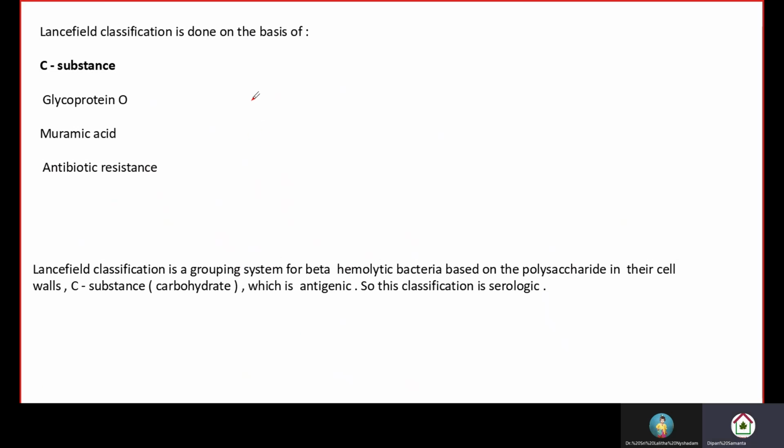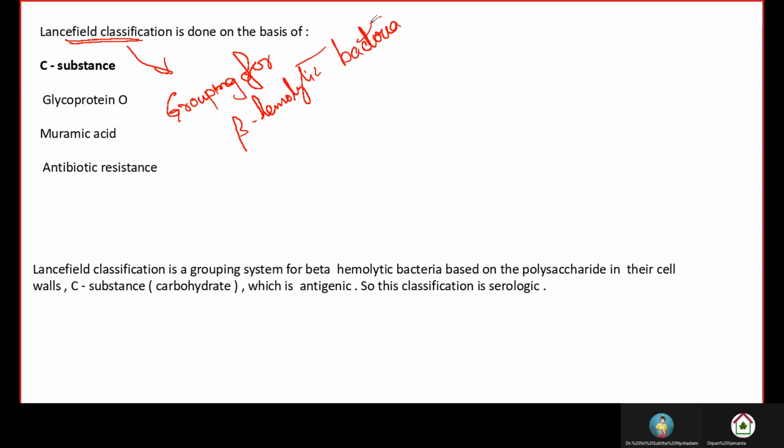It is a grouping system for beta hemolytic bacteria, based on polysaccharide in their cell walls, C substance, a carbohydrate which is antigenic. So this classification, this grouping, is serologic.